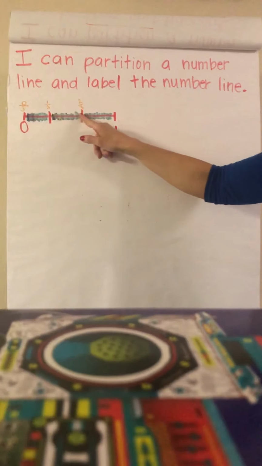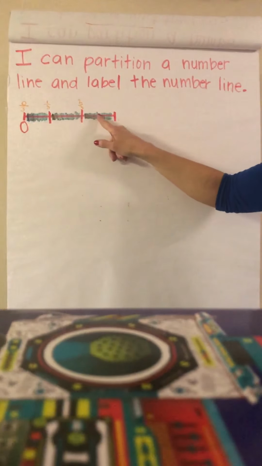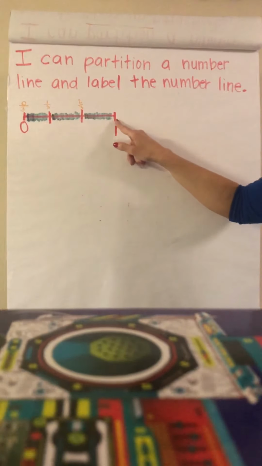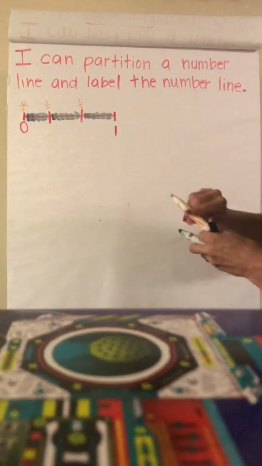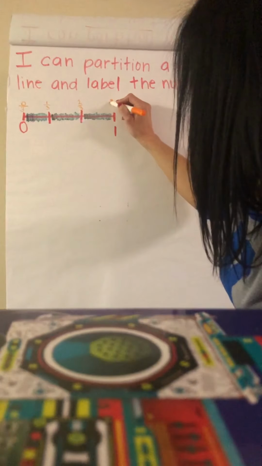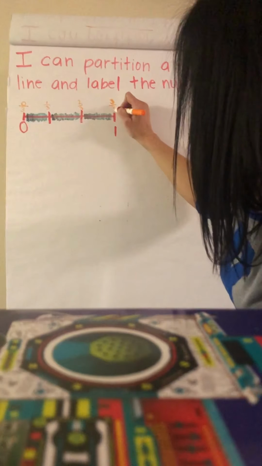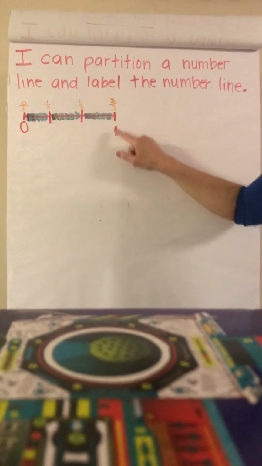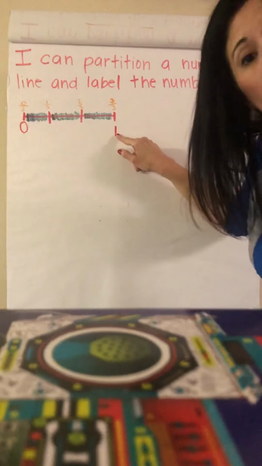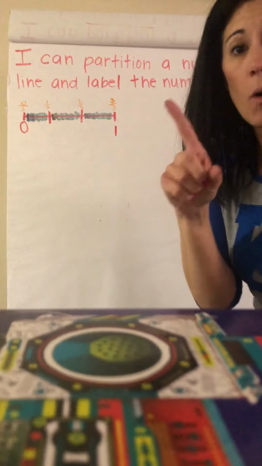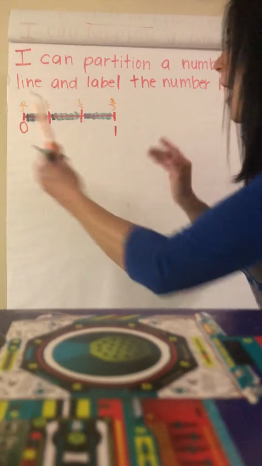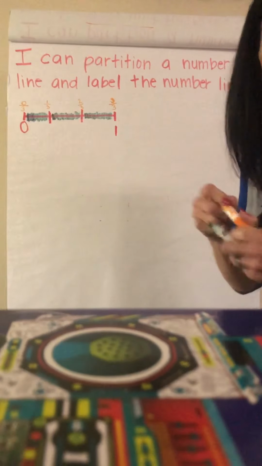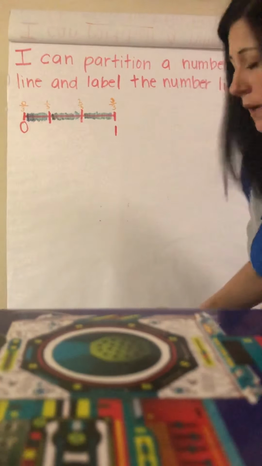I've got 2/3, and if I move over to my next hash mark or red line, I'm at 3/3. And we should know that if we have 3/3, that puts us at 1 whole. We're at 1 whole line or item that we're working with, shape. Let's look at one more example.